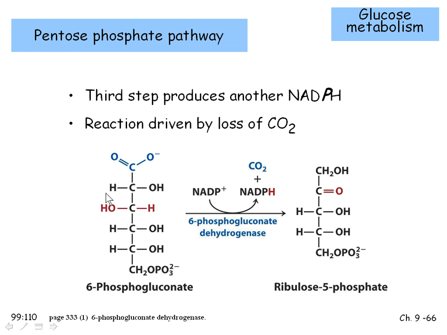What was an alcohol over here is a carbonyl oxygen over there. And the electrons from up there ended up in the NADPH. The carbon dioxide came off, and now we have ribulose 5-phosphate. So we've gone from a 6-carbon sugar to a 5-carbon sugar. This decarboxylation, again, often helps to drive oxidation reduction reactions.